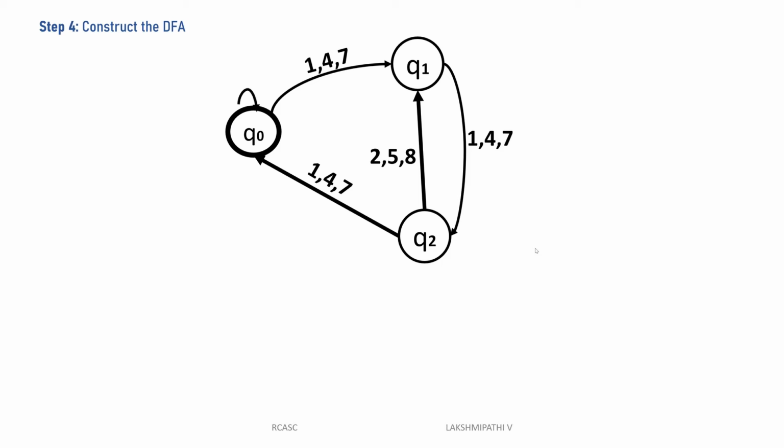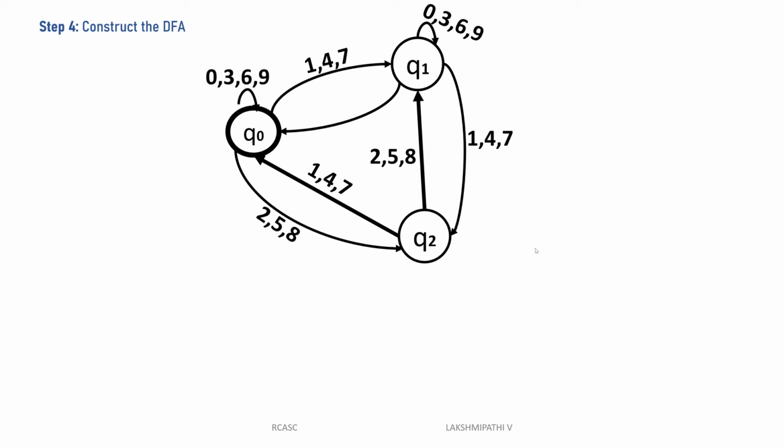Then q0 reads 0, it will stay itself, that is 0, 1, 7. Then q2 reads 2, it will go to q2. Then q1 reads 0, 3, 6, 7, it will be itself. Then the starting state is q0 only, and the final state is also q0.